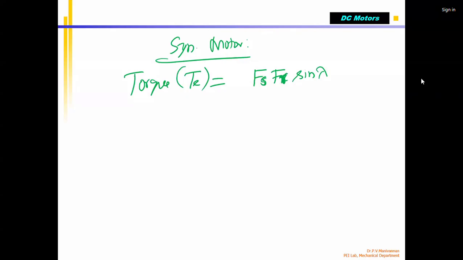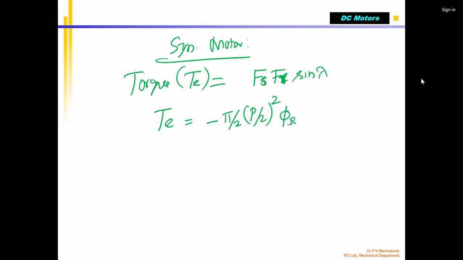Now, if you wanted to write the final formula, TE can be written, note down, as pi by 2 into (p by 2) whole square multiplied by phi r.